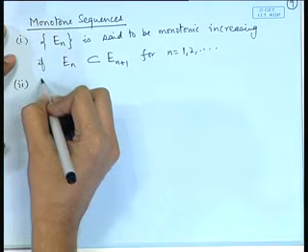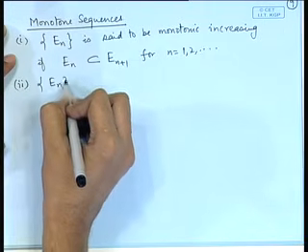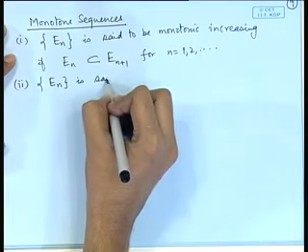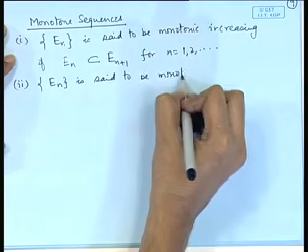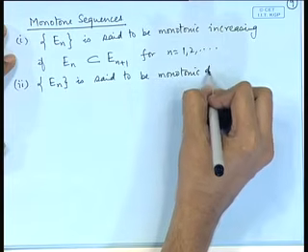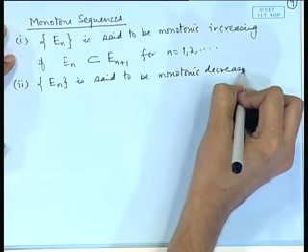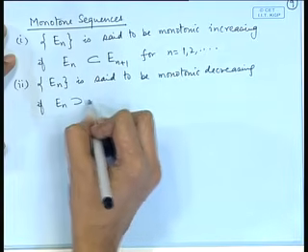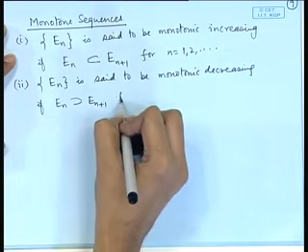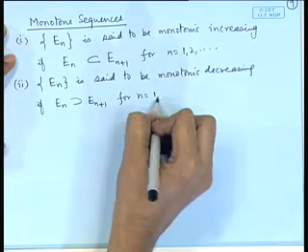In a similar way, we define E n to be monotonic decreasing if E n is containing E n plus 1 for n is equal to 1, 2 and so on.